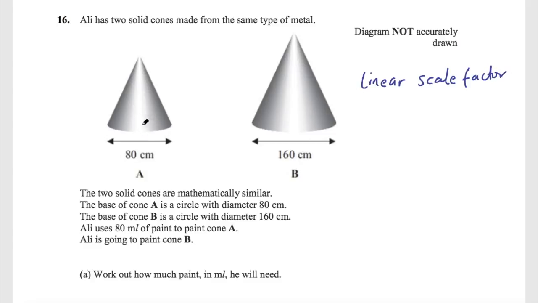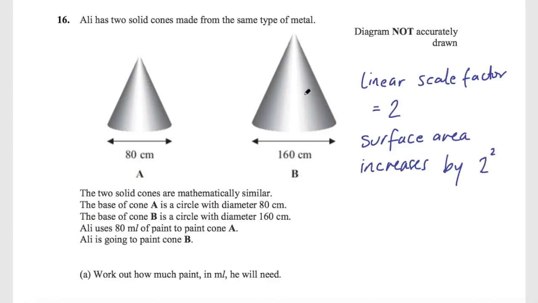And in this case, if the smaller cone has a diameter of 80 centimeters and the larger cone has a diameter of 160 centimeters, the linear scale factor there equals 2. So we've multiplied that by 2. And so because these are similar, as we've said, the surface area will increase. The surface area increases by that linear scale factor squared.